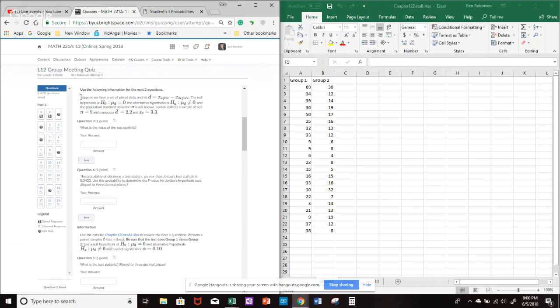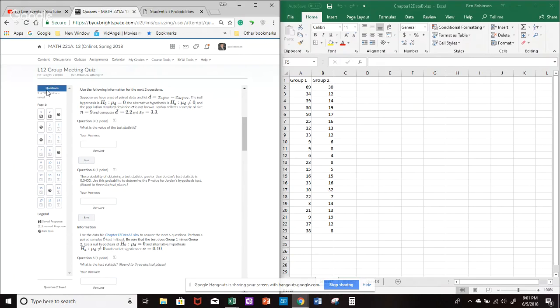I'll read the question. Suppose we have a set of paired data and let D equal X after minus X before, the null hypothesis equals 0, the alternative hypothesis not equal. The population standard deviation is not known. Jordan collects a sample of size n equals 9 and computes the mean equals 2.2 and SD equals 3.3.